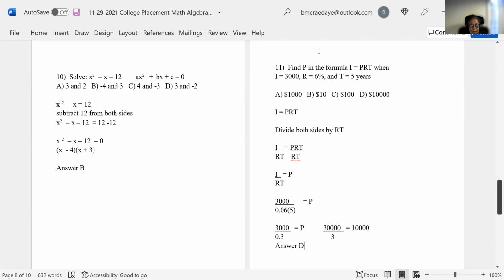So that means the principal of 10,000 would give you interest of $3,000 at a rate of 6% in a time of 5 years. Okay.